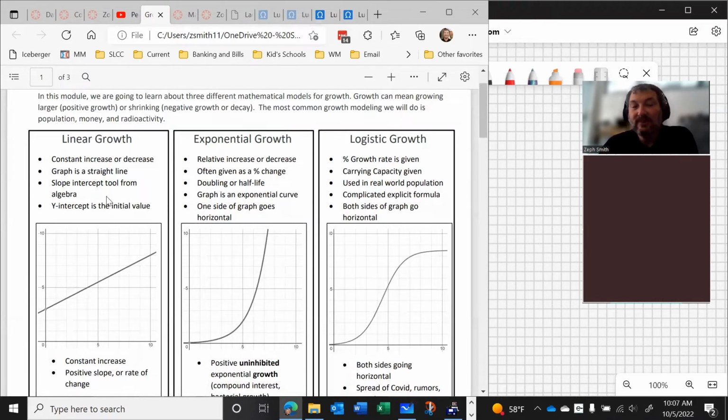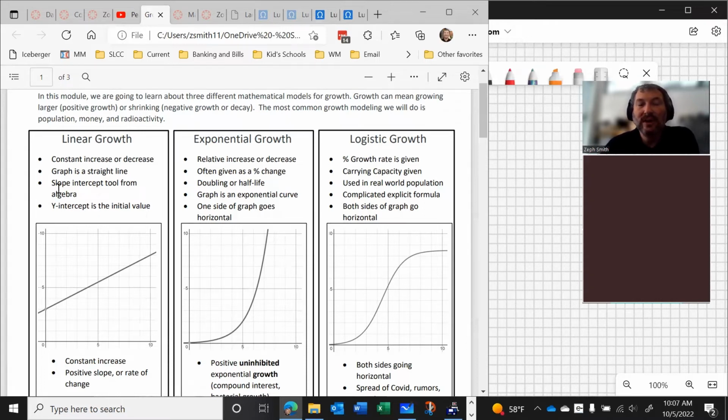The slope-intercept form from algebra, y equals mx plus b, is the algebra model we use for lines. We're going to look at a slightly different view of it, with different letters and things for 1030, 1035, but it's the same basic model.